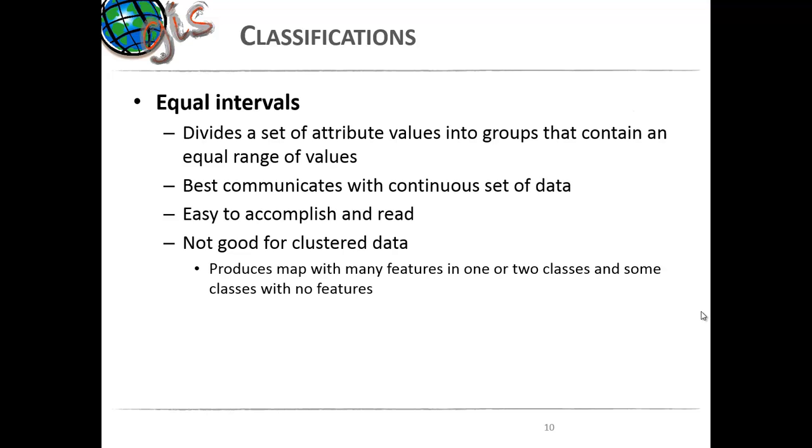So equal intervals: what this classification system does is it divides a set of attribute values into groups that contain an equal range of values. Let's say we have 5 different values. A couple of them are 2, 2, and you have 3, 3, and you have a 5 or something like that.